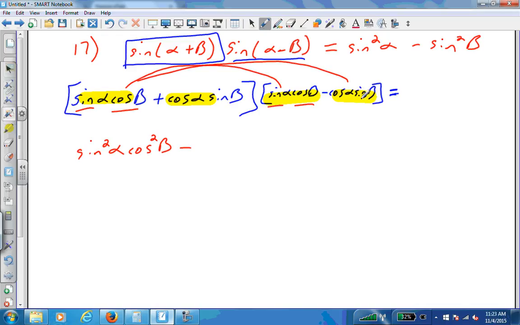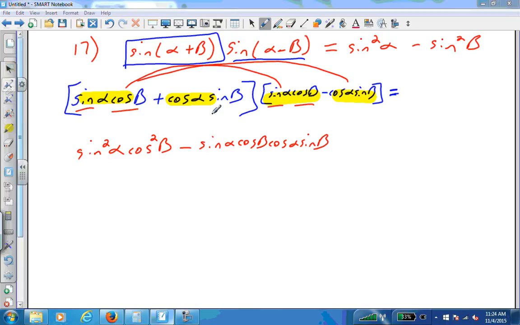None of our angles and things match. We have sine alpha, but we have cosine alpha and sine beta. Cosine beta, but we don't have a cosine beta. So we just have to write each of those factors out. Sine alpha, cosine beta, cosine alpha, sine beta. We don't have anything squared there, because notice none of those are the same.